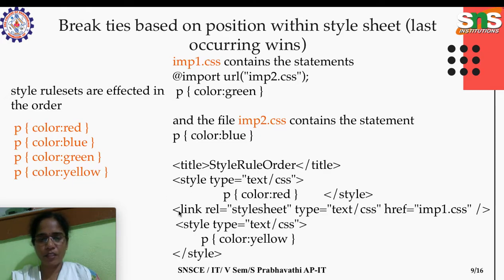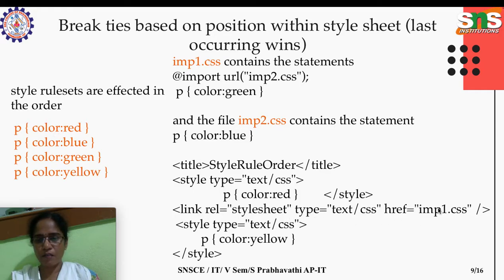Here the external style is implementation 1. So what is the order of occurrence? The first is paragraph color equal to red. While executing the HTML document, initially the paragraph will have the color red, followed by linking the external file.